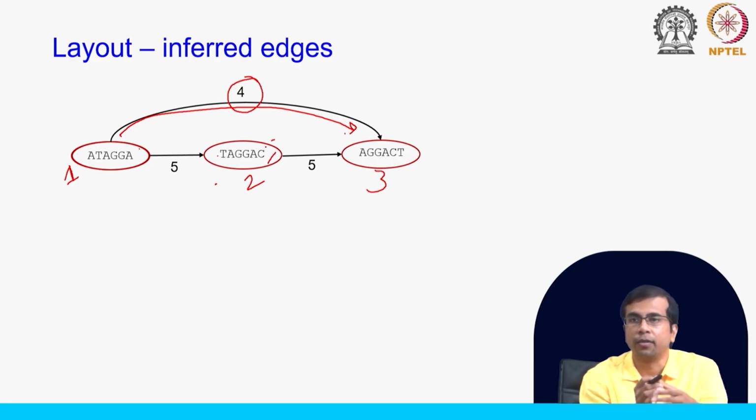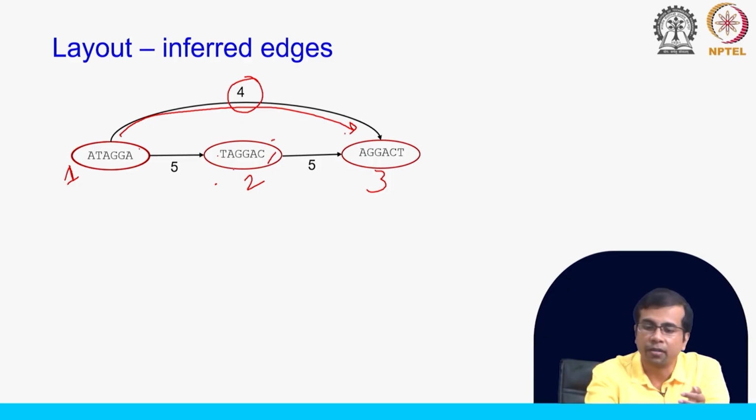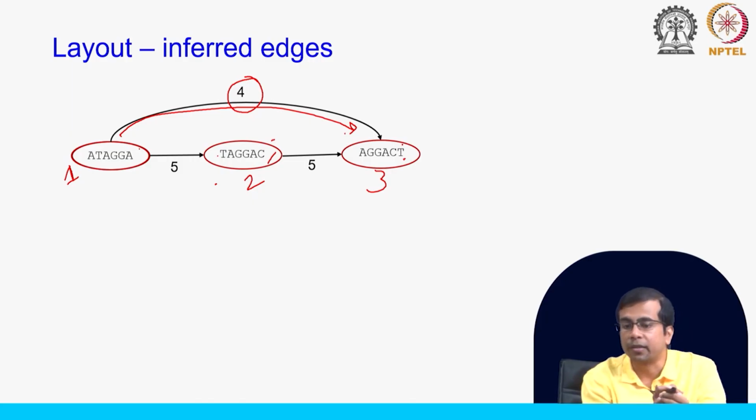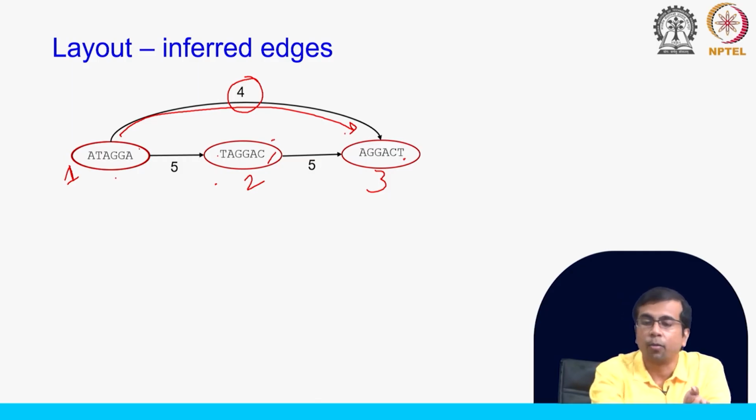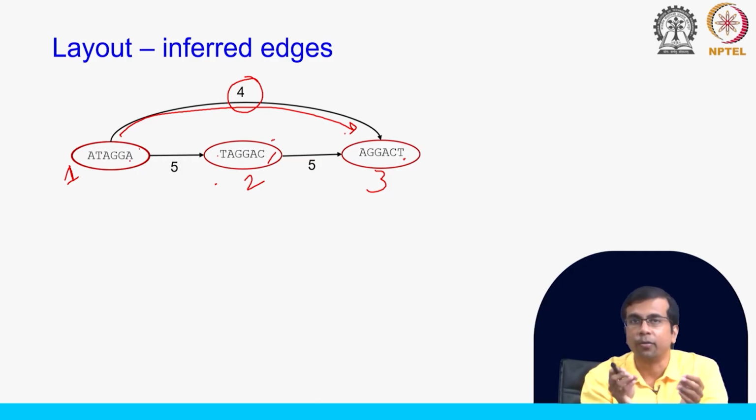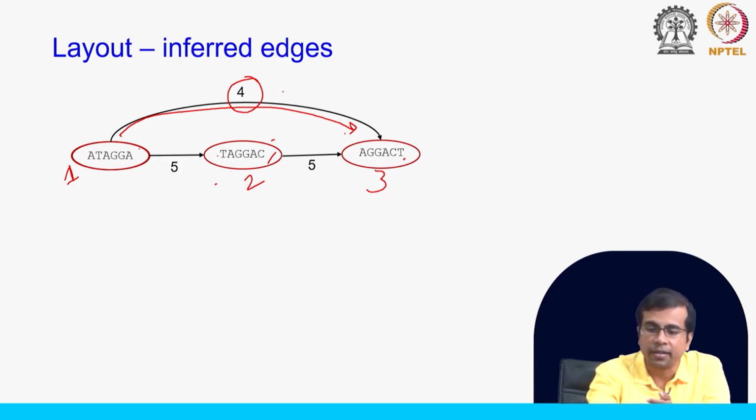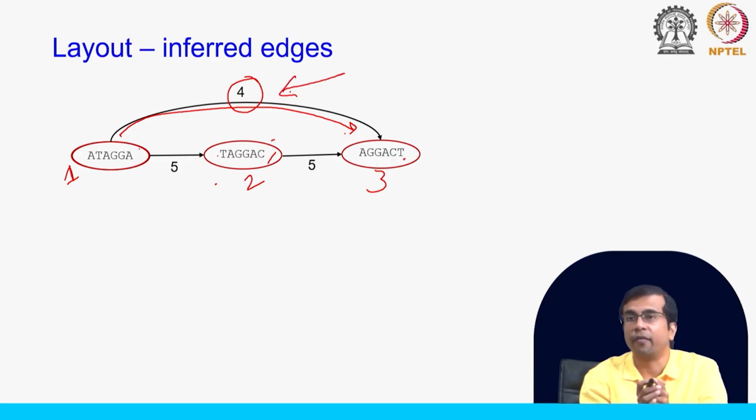If that is the case, then the suffix of node 2 will align 5 bases to the prefix of node 3. So, what it means is that if you align node 1 with node 3, you are going to see a 4 base overlap. This is something you can infer from the structure of the graph because of the constraints that we have imposed.